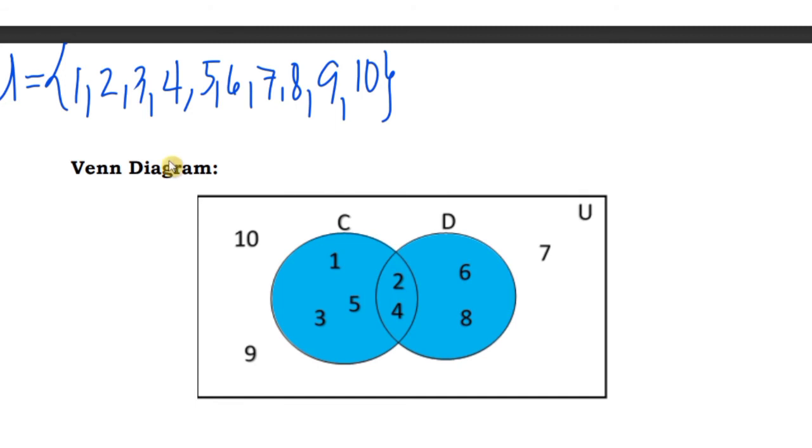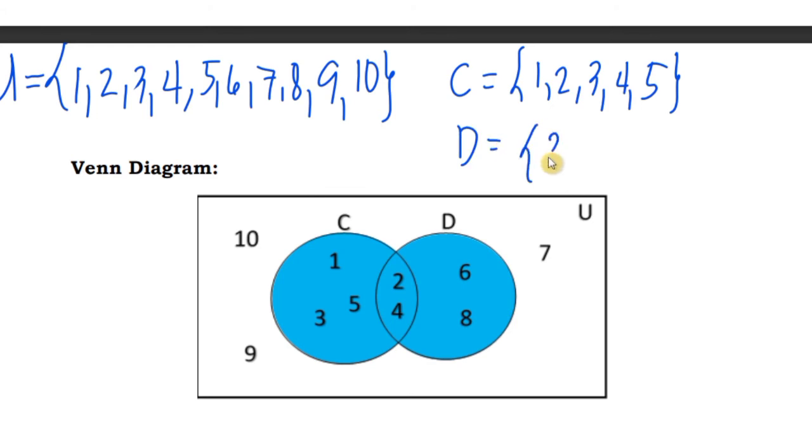Okay, we have also the given set C, which is 1 2 3 4 and 5. Set D is equal to 2 4 6 8. So that's how we catered for it in the Venn diagram that we have.